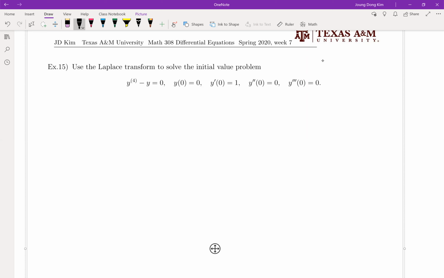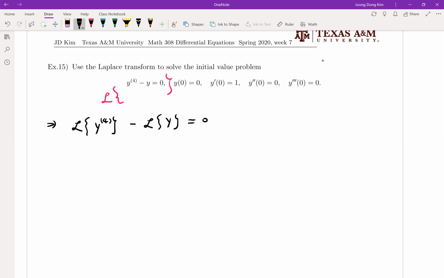But for here, since we are talking about Laplace transform, let me show you how we can use Laplace transform, okay? Then this is the Laplace transform of the fourth derivative of y minus y. It will be just Y of s equals 0, right?